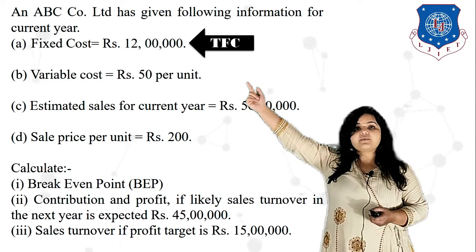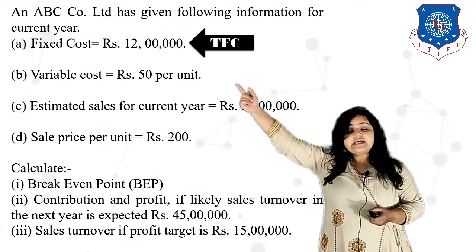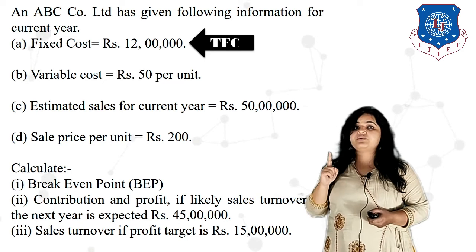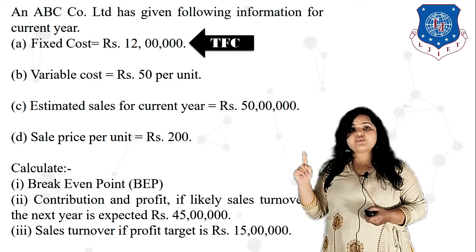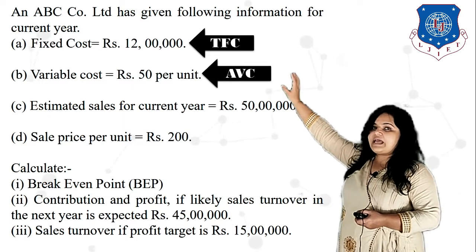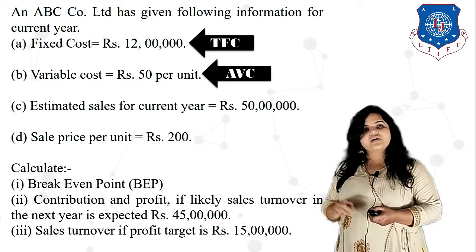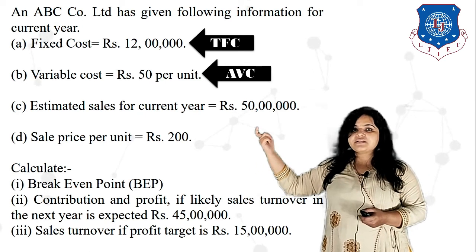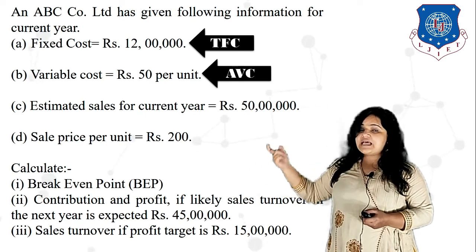Variable cost is equal to rupees 50 per unit. This is the variable cost for 1 unit. If you remember, this is the cost which remains constant and it would be given by AVC or average variable cost. Estimated sales for the current year is equal to rupees 50 lakhs.